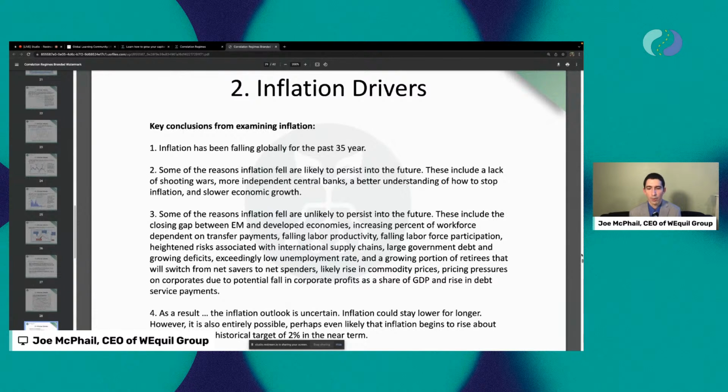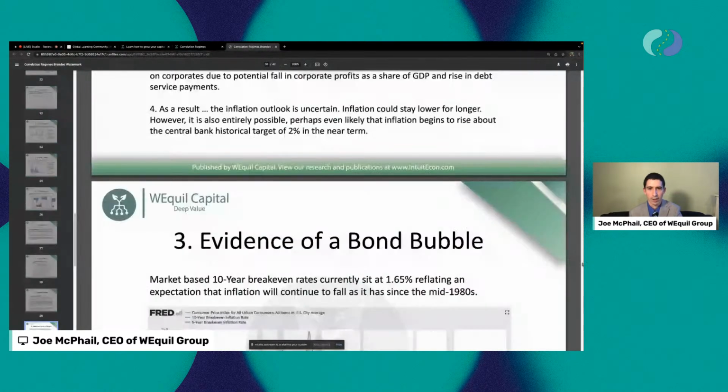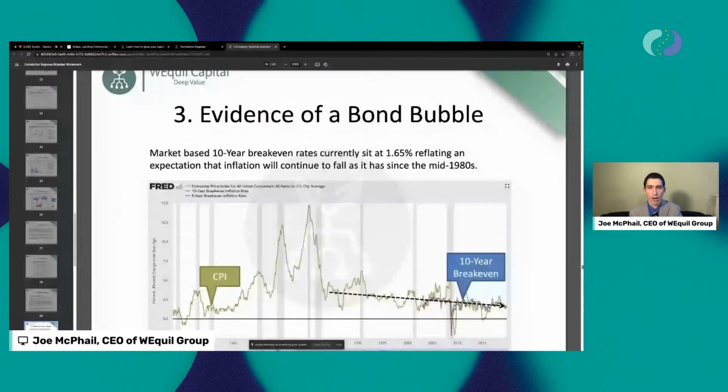When we published this internally a couple of years ago, we saw that the inflation outlook is uncertain. Inflation could stay lower for longer. However, it is also entirely possible, perhaps even likely, that inflation begins to rise above the central bank target of 2% in the near term, and that's certainly what we're seeing today.